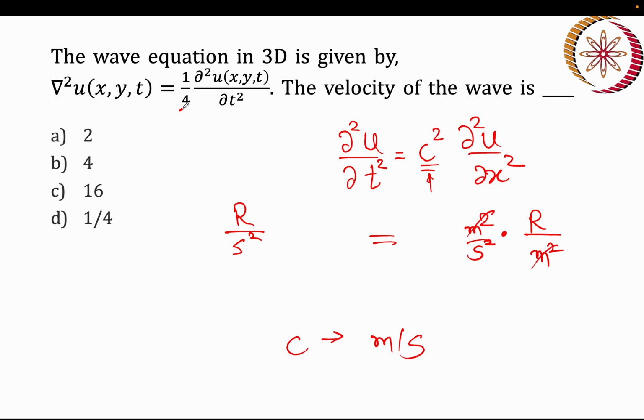So this term should be 1/c square, and we can see that c square is equal to 4, and that's how c is equal to 2. So if you know this equation, it is straightforward. Even if you don't know, you can just cross check with the dimensions and directly give this answer. Okay, I hope this is clear.